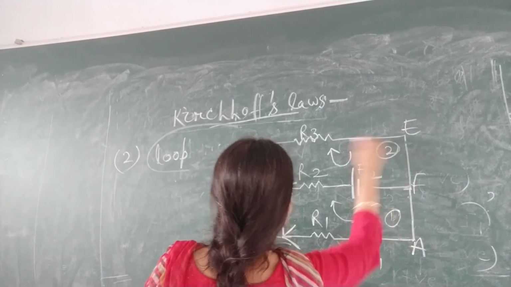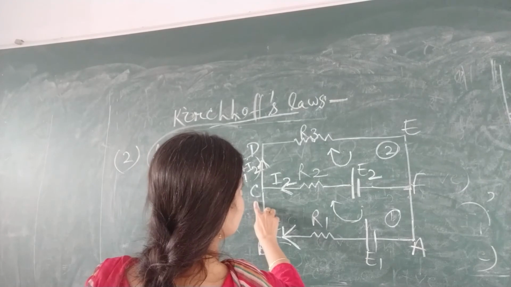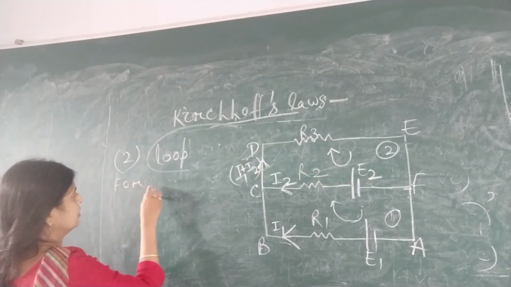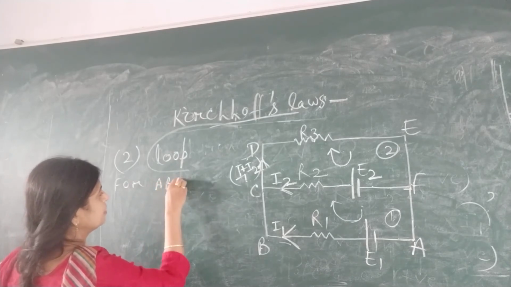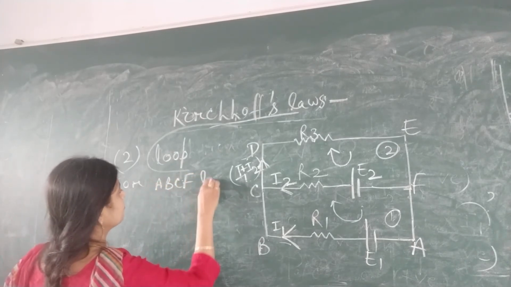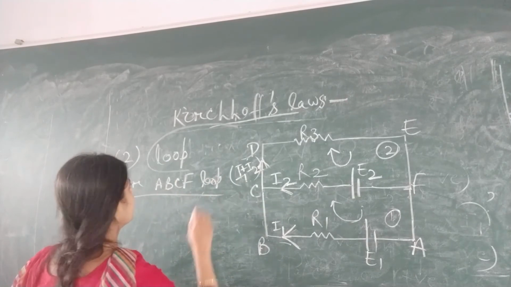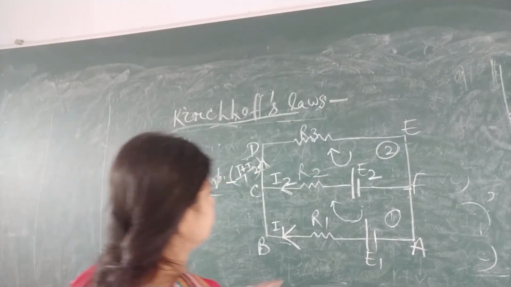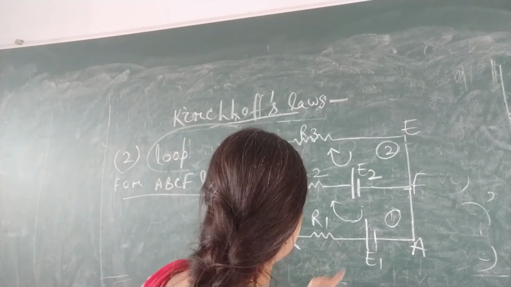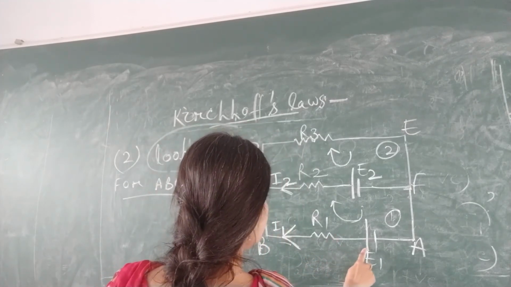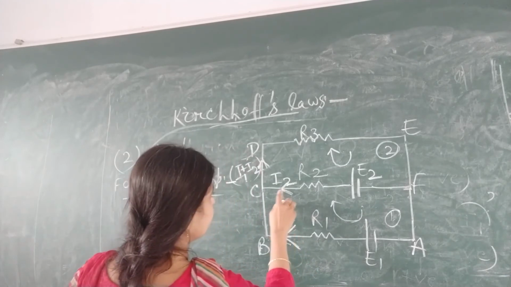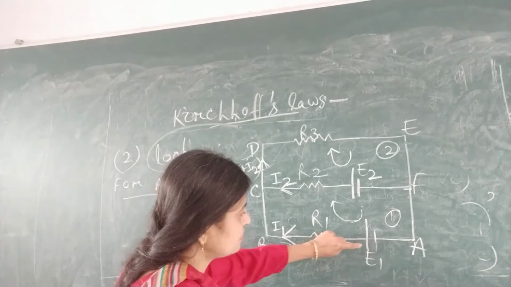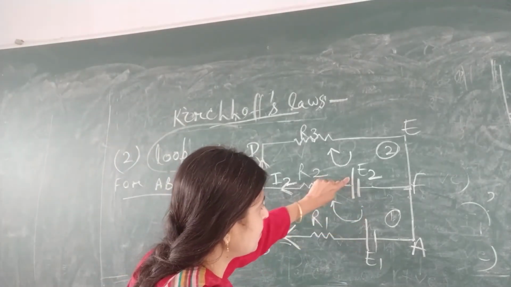So, loops 1 and 2. So, A, B, C, F. Clear? Or A, B, C, F loop. According to your second law, E1, but here the direction is in the opposite direction. So the change in potential is equal to E1 minus E2.